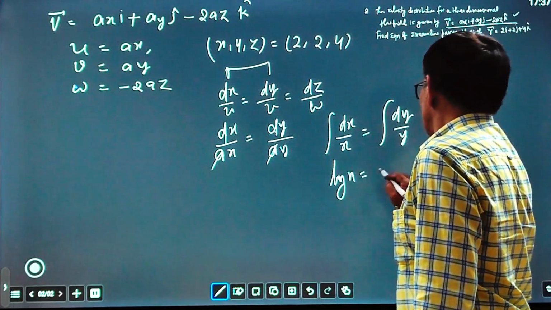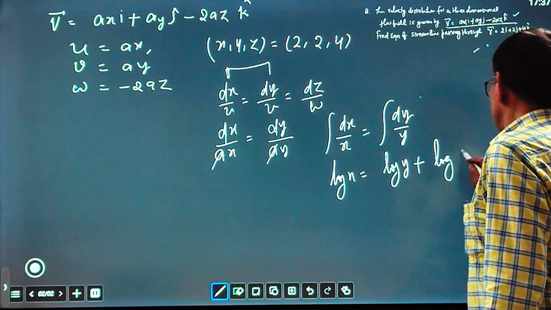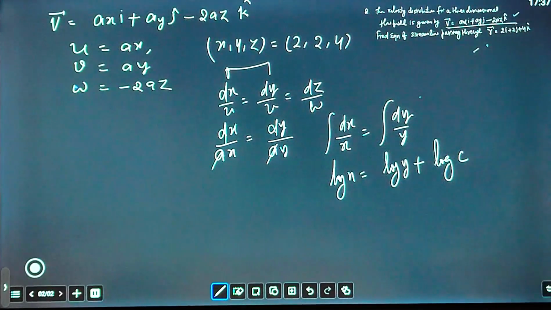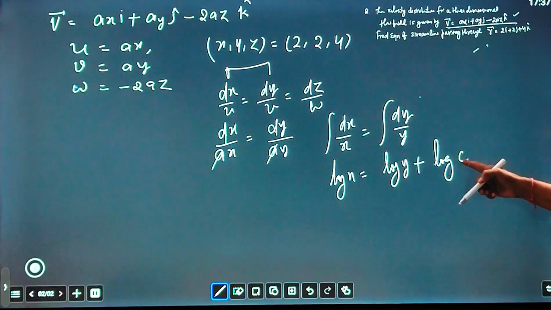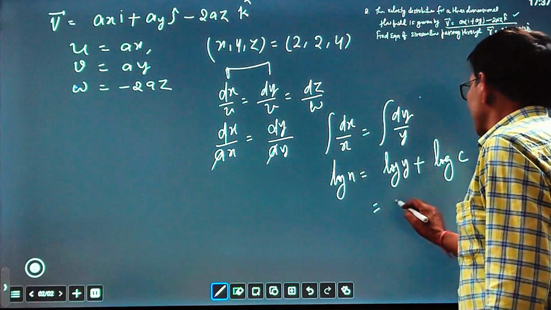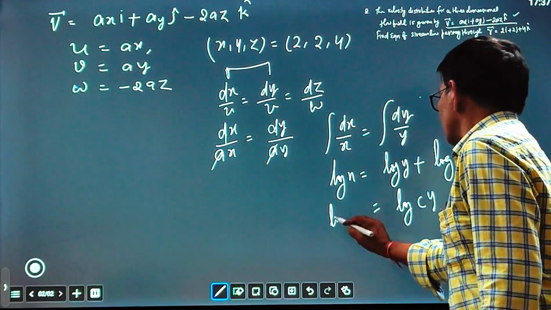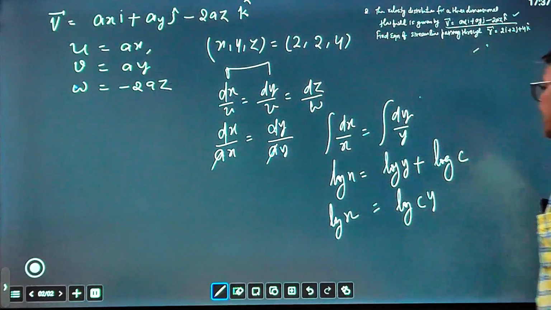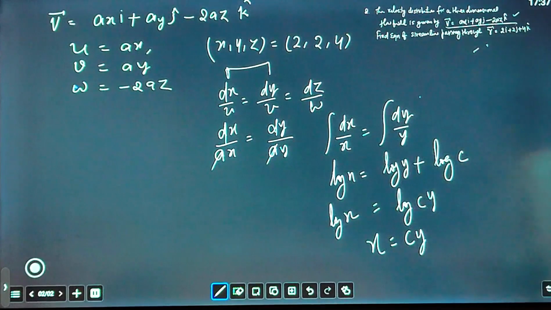Log x equal to log y plus a constant, and here we have to make an intelligent choice. How are we selecting our constant? Either we can select a simple constant or log c. For simplicity, we can select log c because it can be converted as log cy. Log x equal to log cy. So x equal to cy.